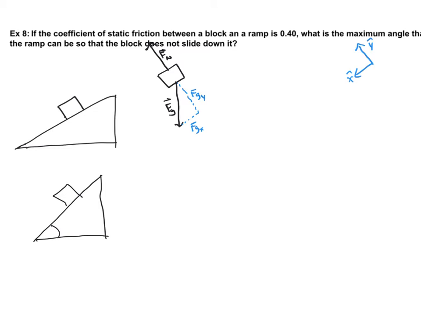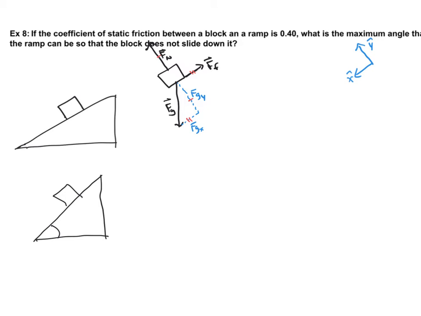And now we need this block to stay at rest, so we need friction to balance out with the X component of gravity. So I'll use a single tick mark for the Y components, showing they're equal, and I'll use a double tick mark for the X components, showing they are equal.